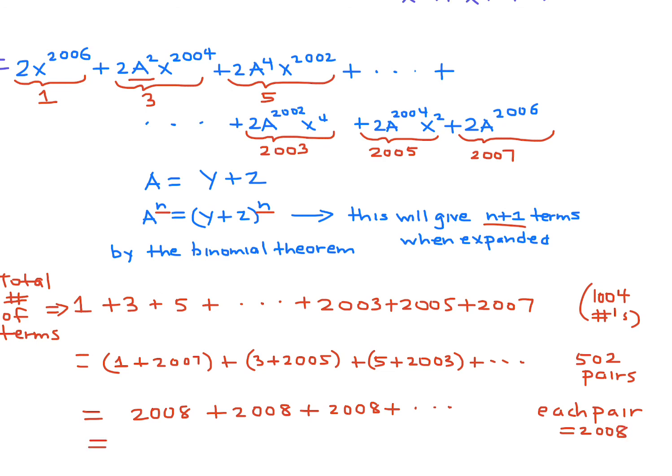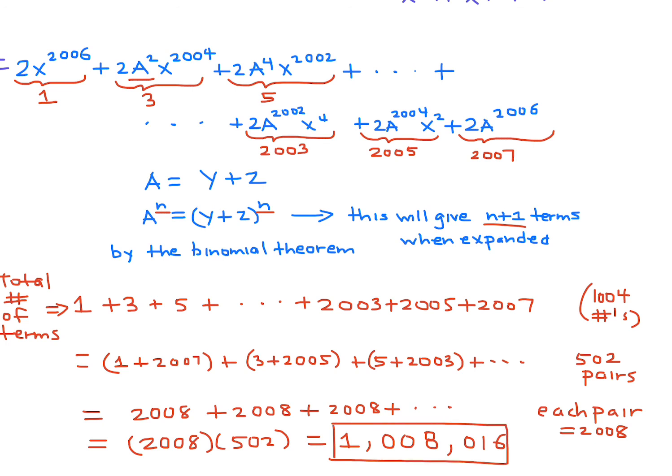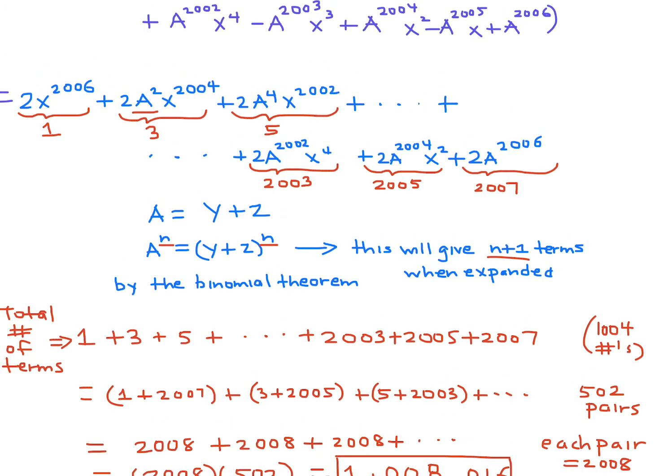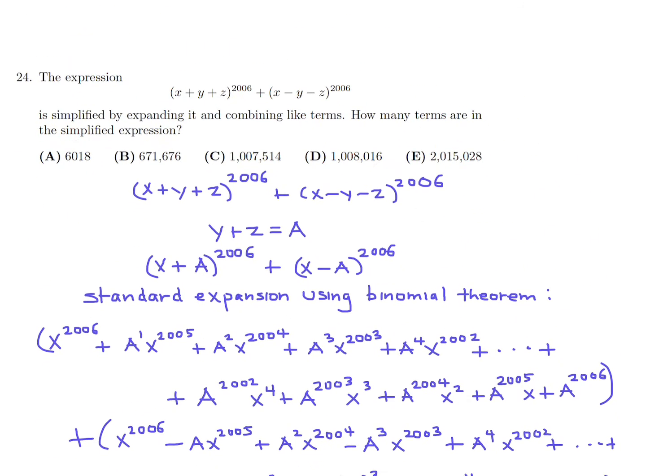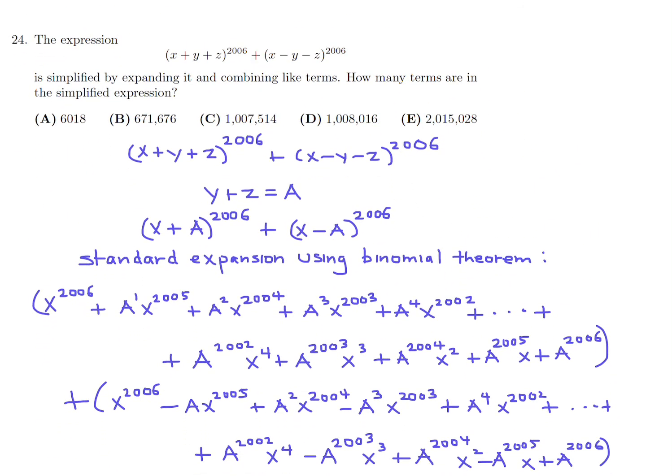So this therefore becomes 2008 times 502 when you do the addition. And that is equal to 1,008,016. So there you go, 1,008,016. That would be for number 24, choice D.